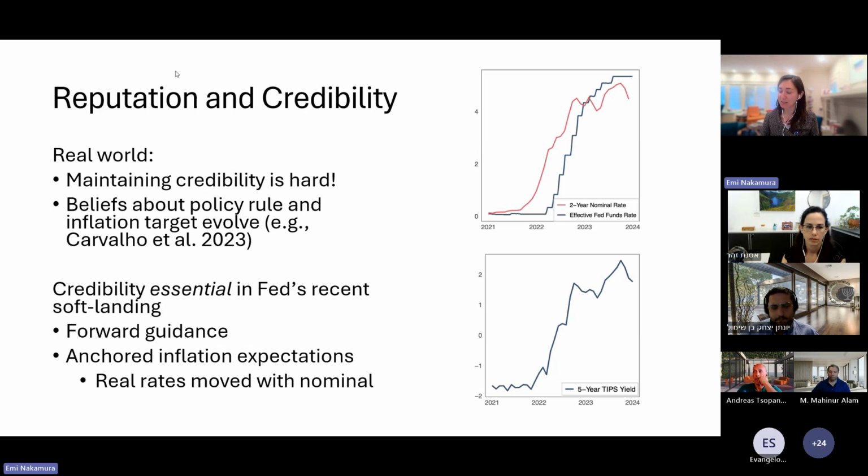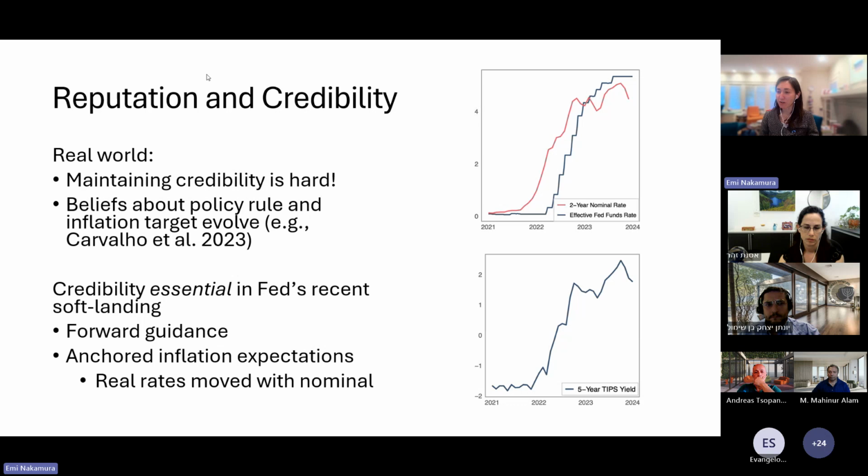This is probably context dependent and depends on the history of the central bank, and belief about the nature of the shock is strong enough that it's possible to deviate from this rule without completely destroying the reputation for responding aggressively to inflation. So I think that's one way of thinking about it.